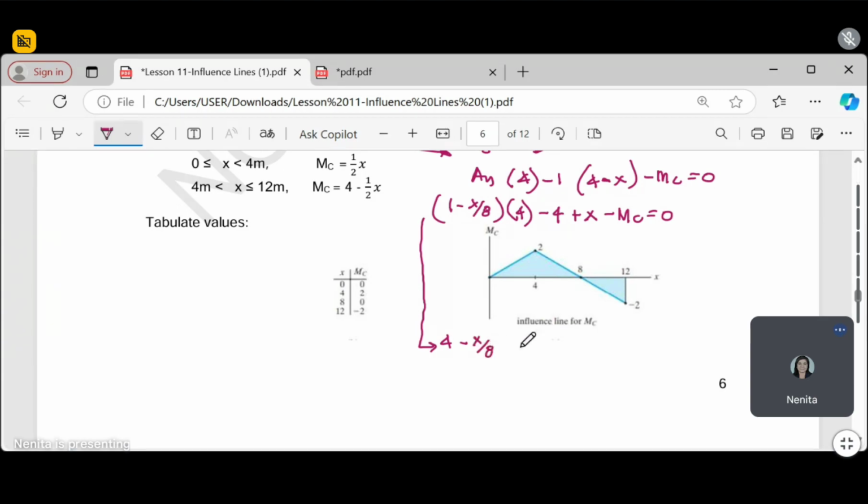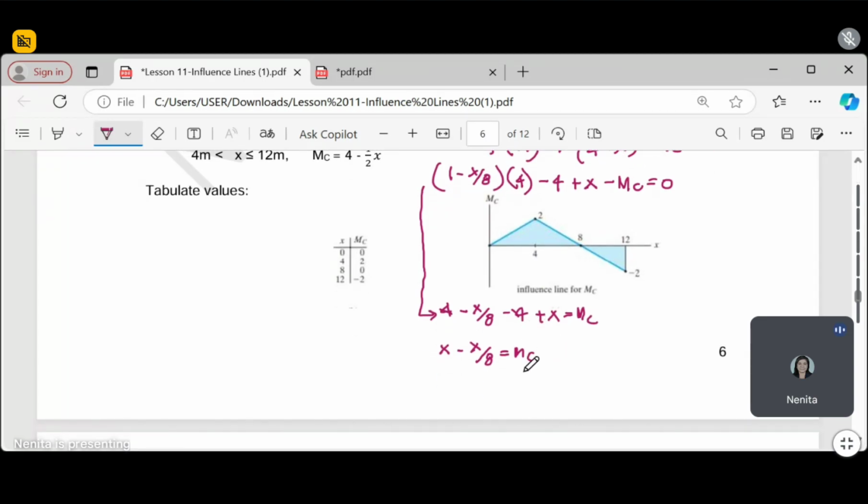X over 8 minus 4 plus x is equal to Mc. And then we can cancel the 4 here. So we have x minus x over 8 is equal to Mc.